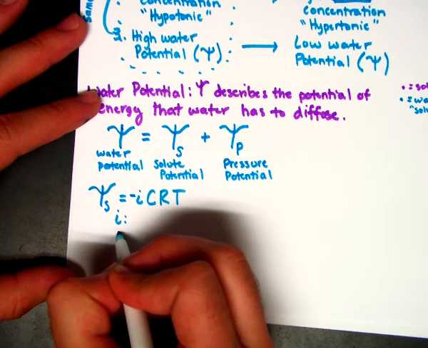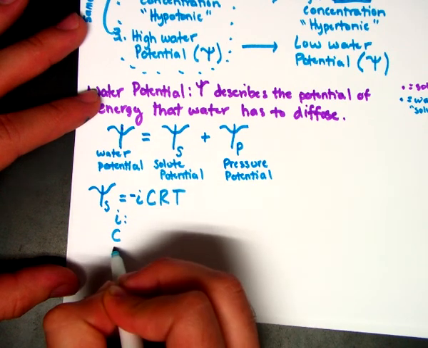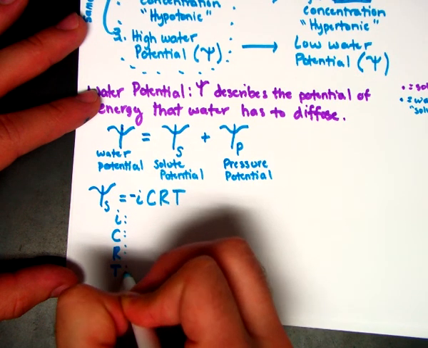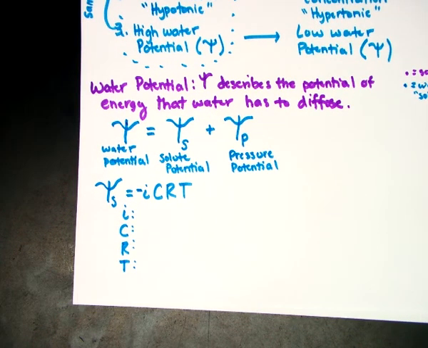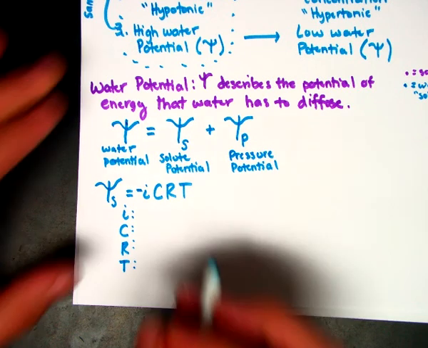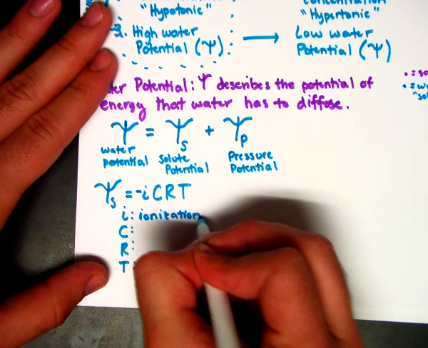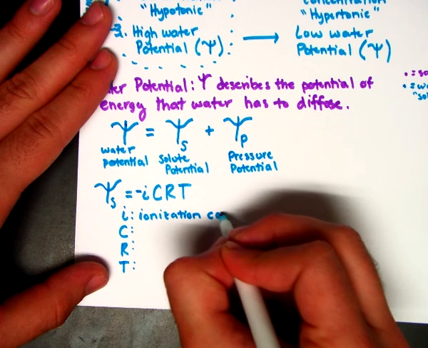These four variables go like this. I is known as the ionization constant.